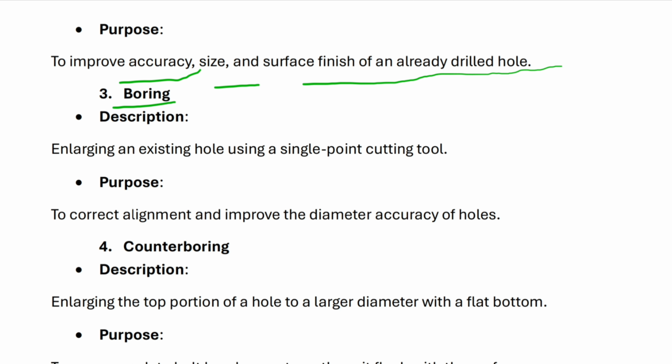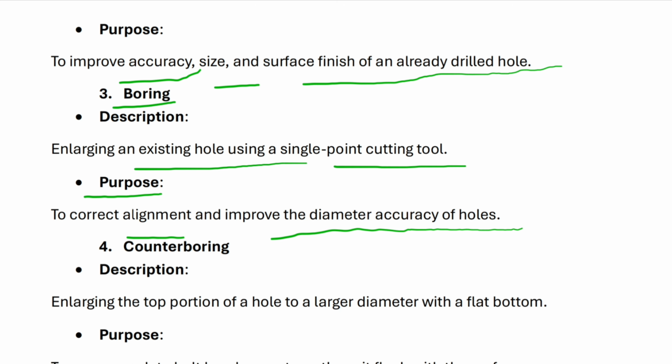The next operation is boring. Boring is enlarging an existing hole using a single point cutting tool. The purpose of boring is correct alignment and improving the diameter accuracy of the holes.